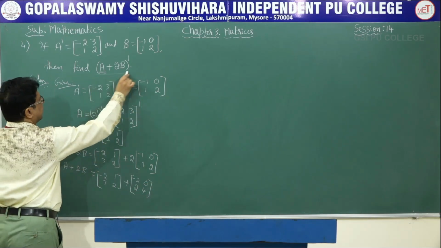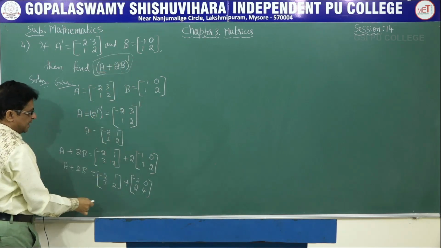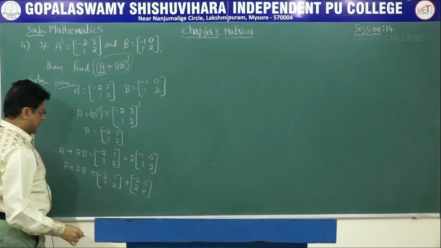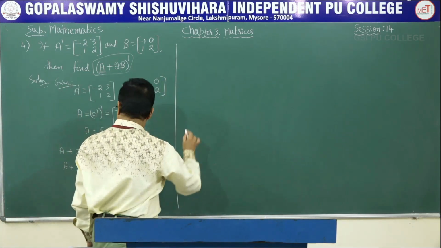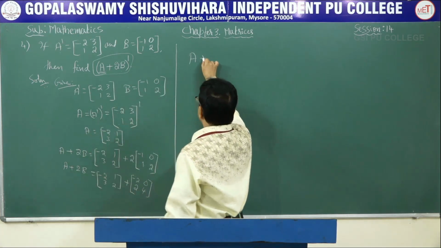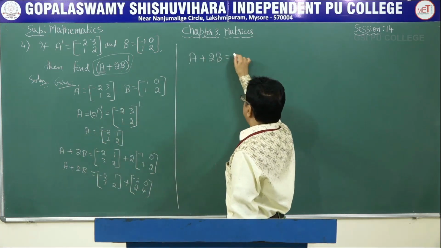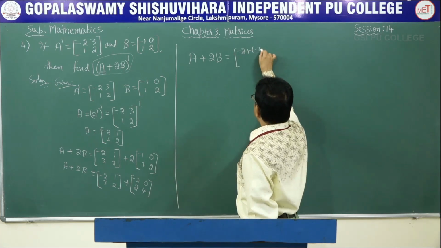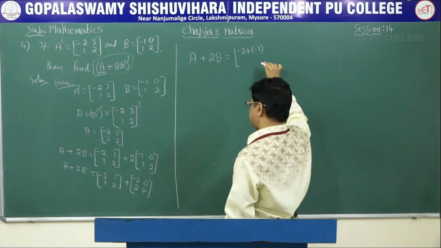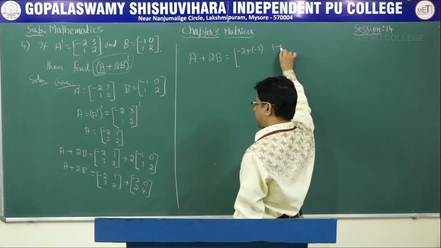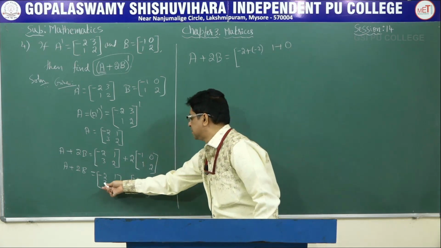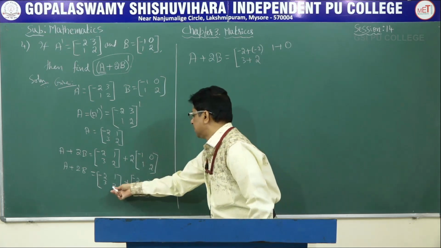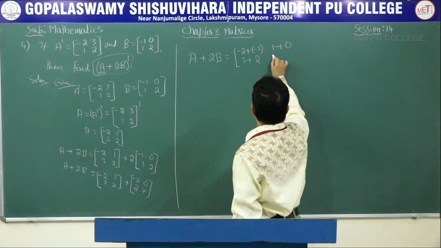Next we have to find (A + 2B)'. That means first we have to add the corresponding elements. So A + 2B is equal to -2 plus -2, 1 plus 0, 3 plus 2, 2 plus 4.